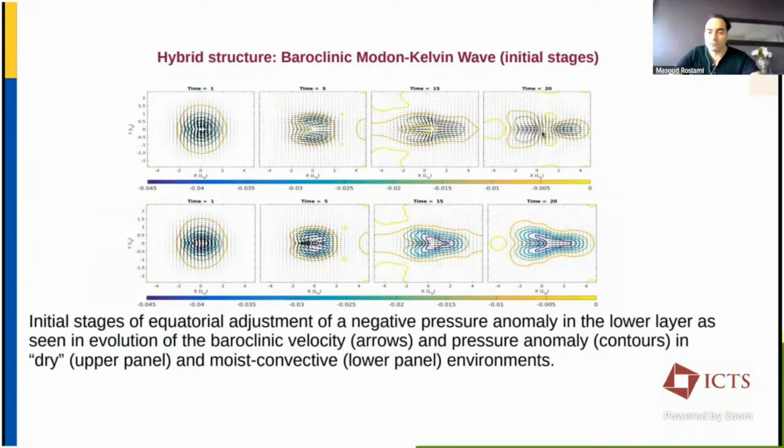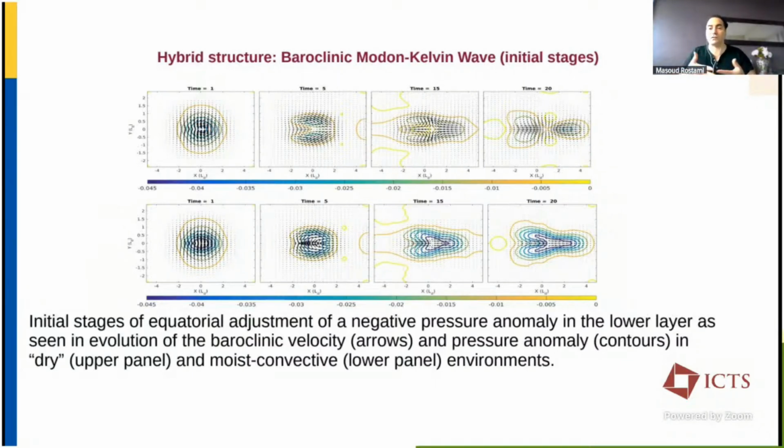In the upper panel, we have a dry case. In the lower, there's a moist convective case. As you see on the right-hand side of this panel, there's a baroclinic Kelvin wave that detaches from the left part, which is the dipolar structure. So the MJO in this explanation is a hybrid structure. It's a linking of two structures.